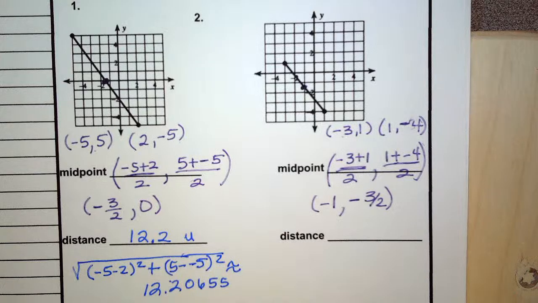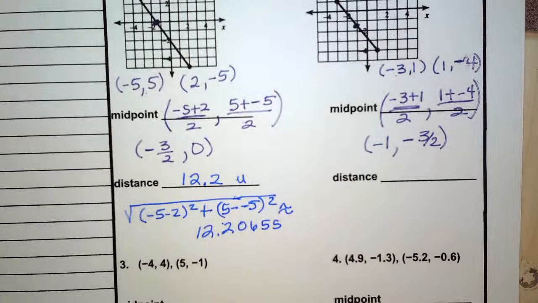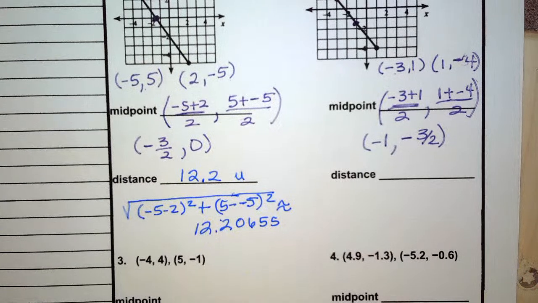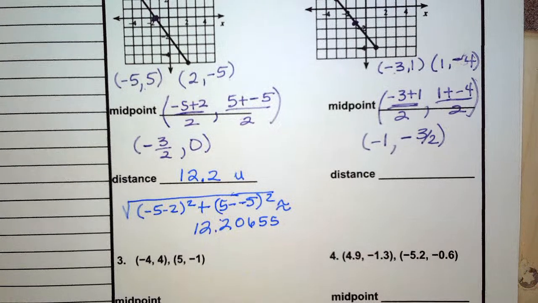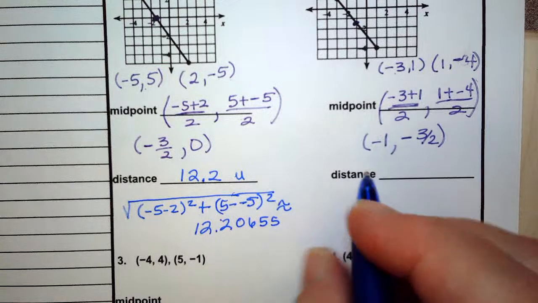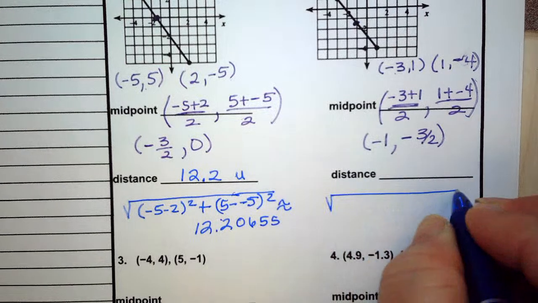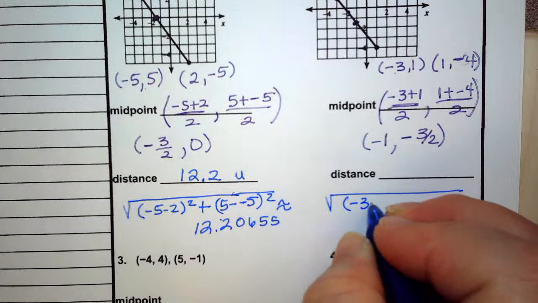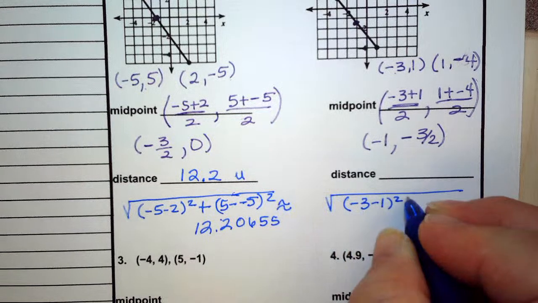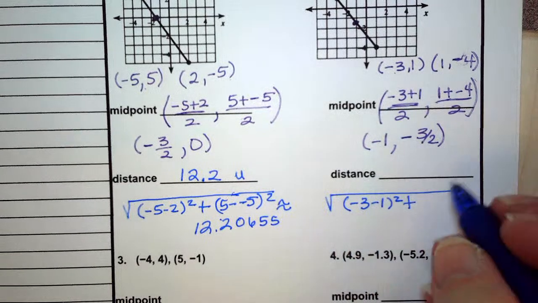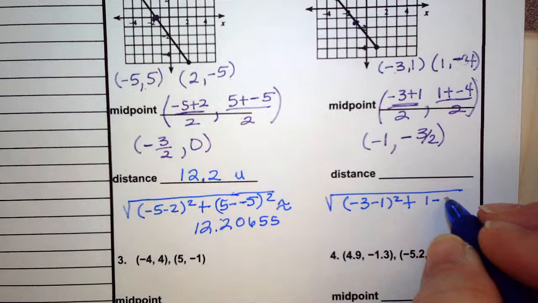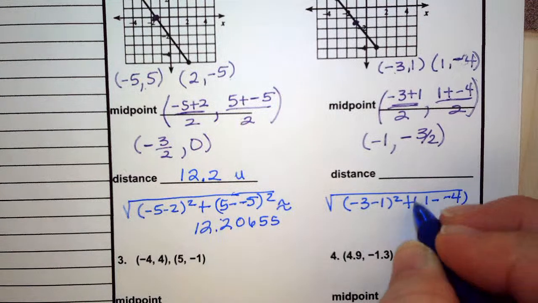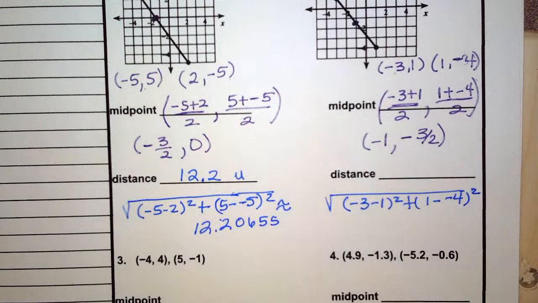What about the distance? Can you set it up? Pause the video and see if you can do that. The distance is the square root of (-3 minus 1) quantity squared, plus (1 minus negative 4) quantity squared. It's in parentheses.